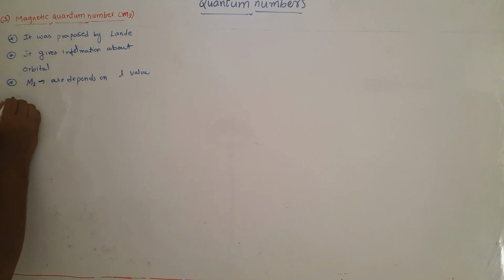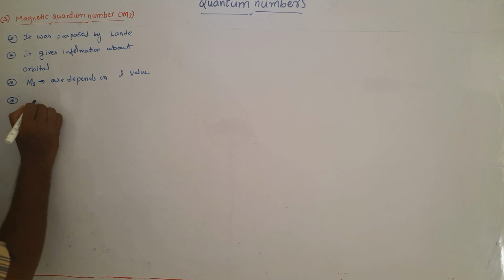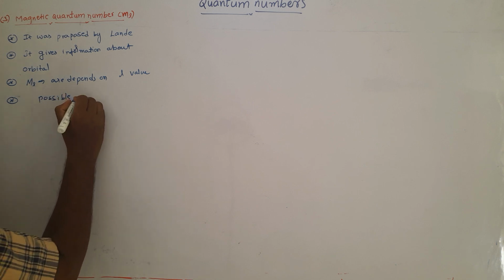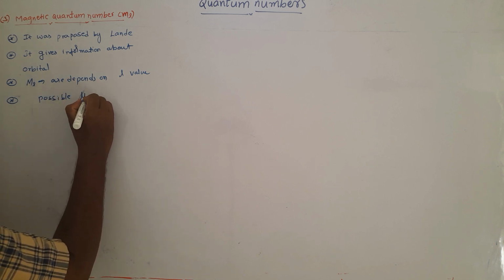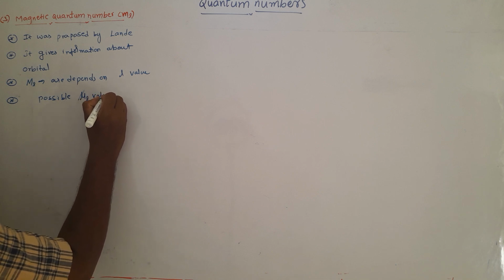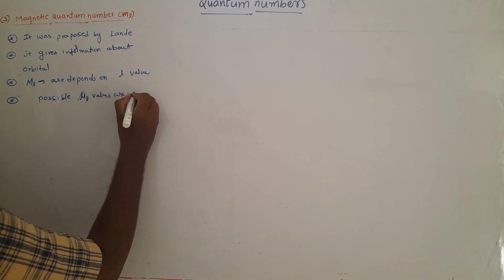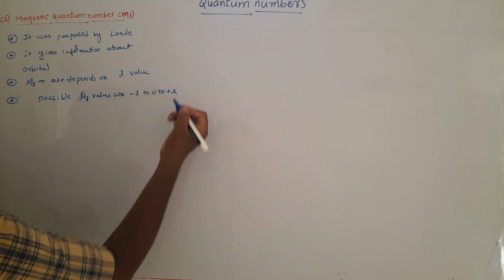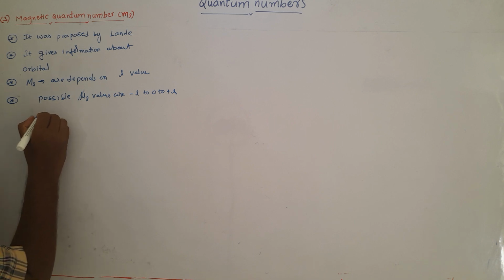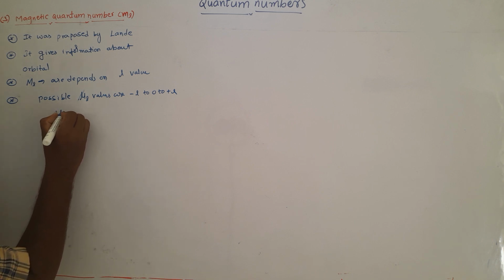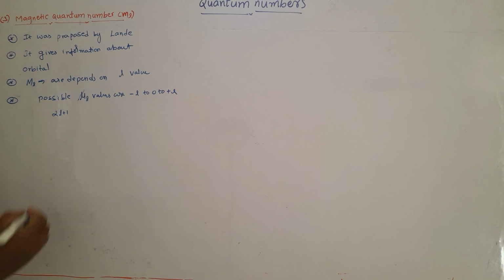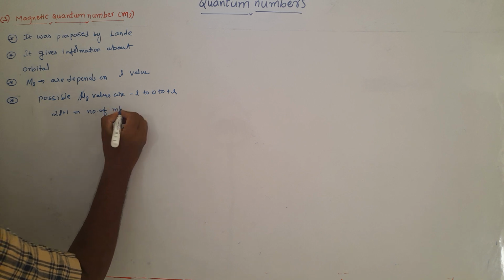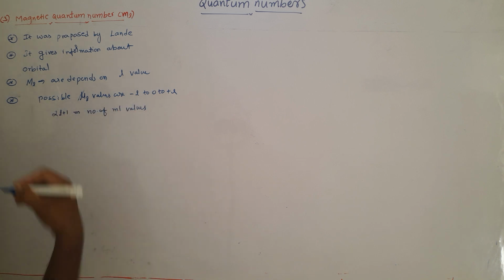The possible ml values are from minus L to 0, 0 to plus L, according to the formula. So the number of ml values is 2L plus 1. This is the formula to find the number of ml values.